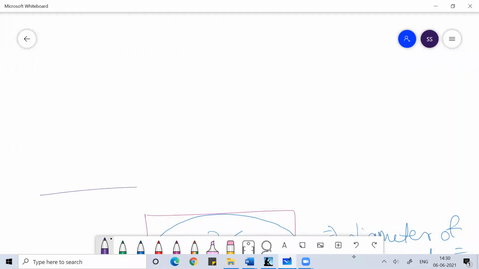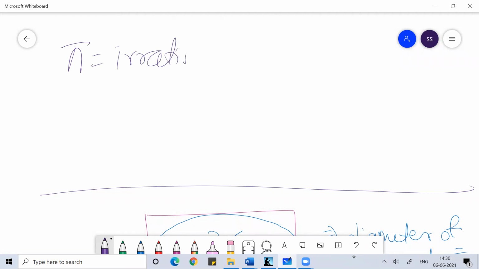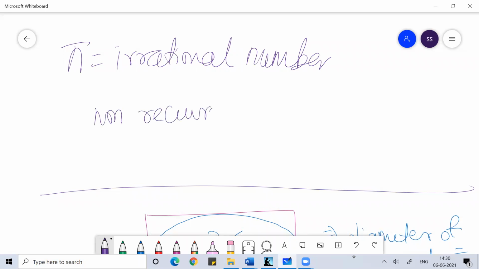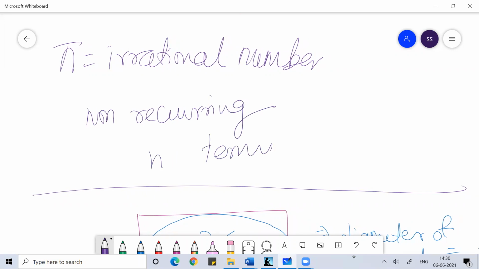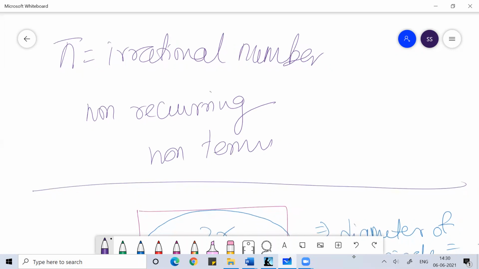How do you define pi? Pi is an irrational number. What are irrational numbers? Those which you cannot convert into p by q form. If you write pi in decimal form, 3.1..., we get a non-recurring, non-terminating decimal.